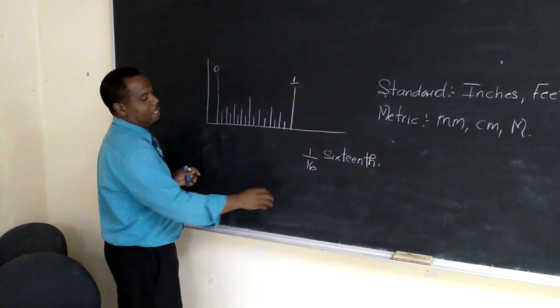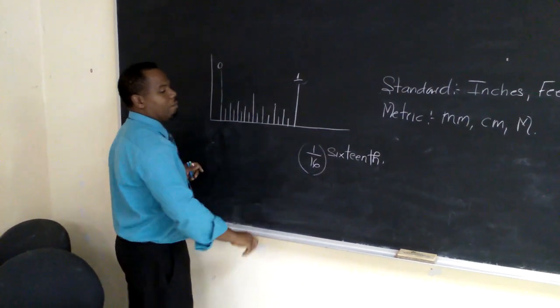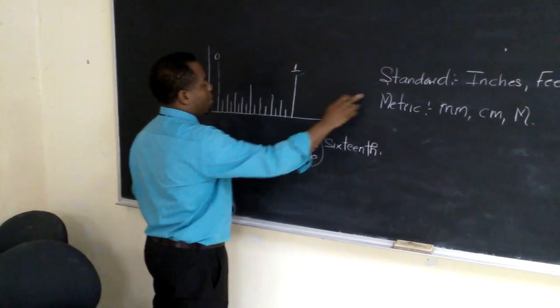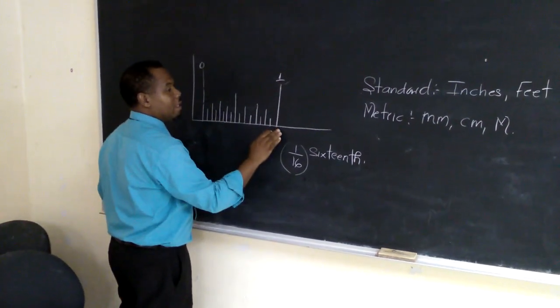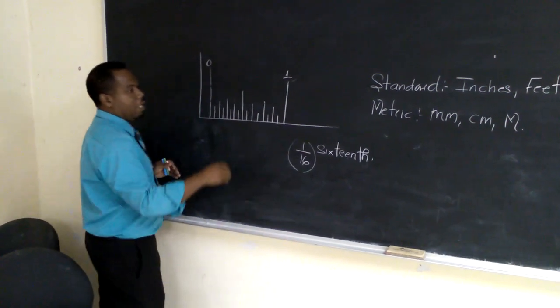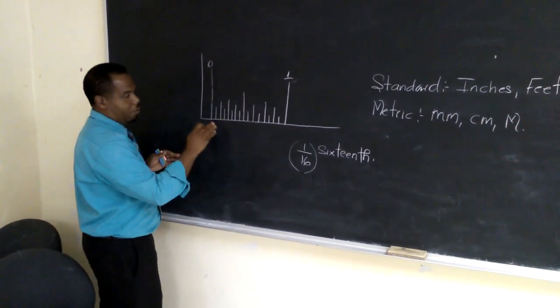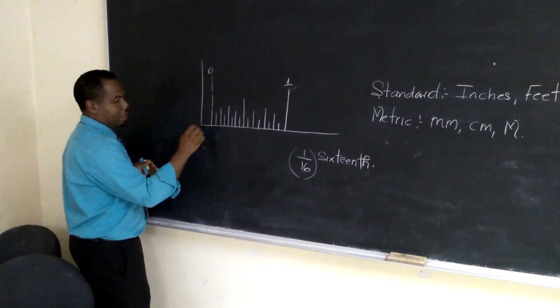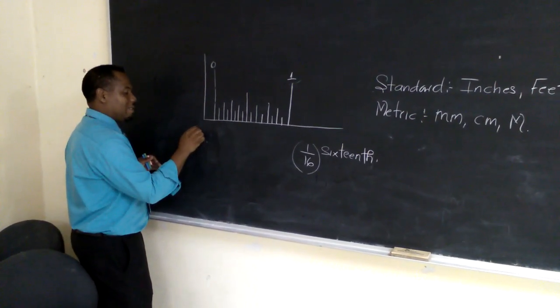Now, the 16th, as you see here, may be expressed as a fraction, because in standard units, we express all of these as fractions. And so, in counting these, because we said that there are 16 in them, we start with a 0.